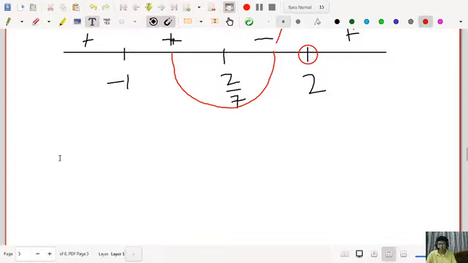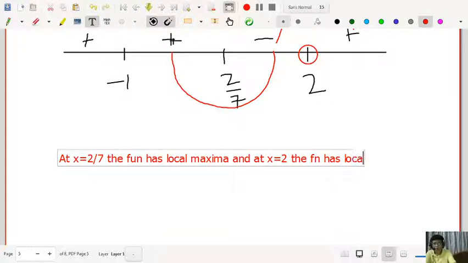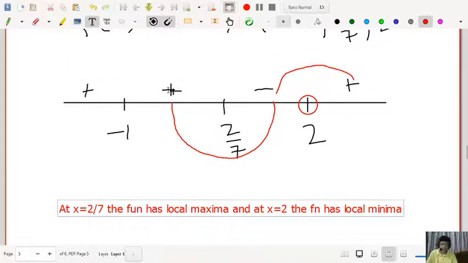So you write that statement here: at x equal to 2/7 the function has local maxima, and at x equal to 2 the function has local minima, because of the change of sign, positive to negative and negative to positive.